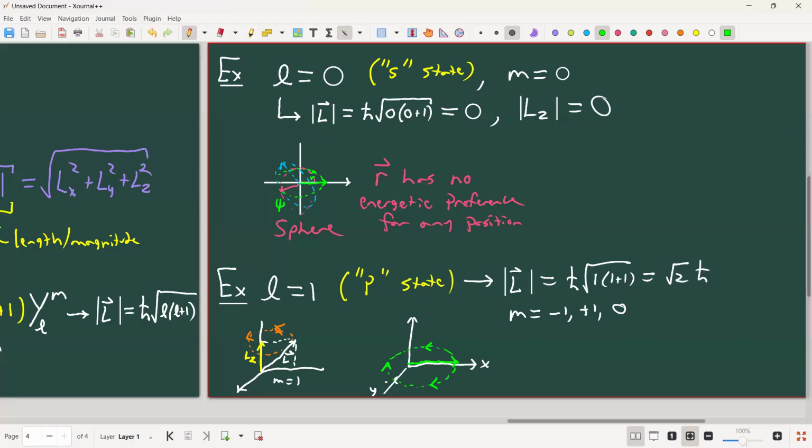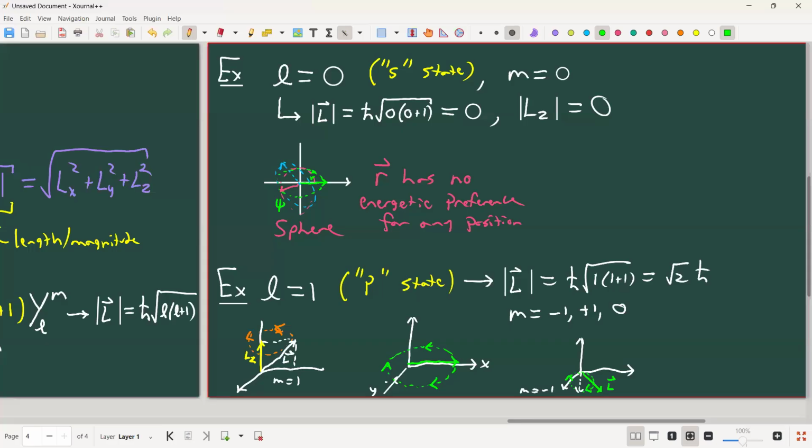And then we have the M equals -1 state, which is pointing downwards now, and is precessing in the opposite angular velocity way than the M equals 1.